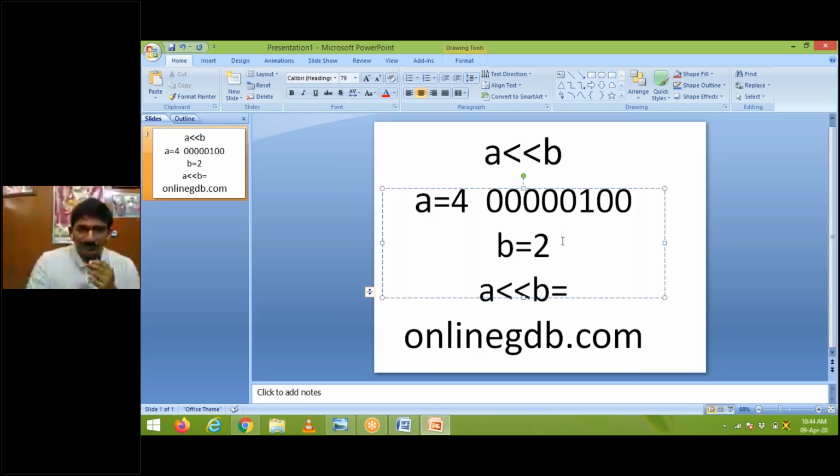And B value 2. So A left shift B means in the A value, the left side two digits will be cancelled, and you have to add two digits at the end. You cross these two and add zeros at the end.